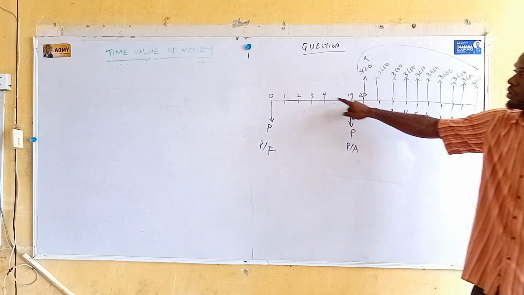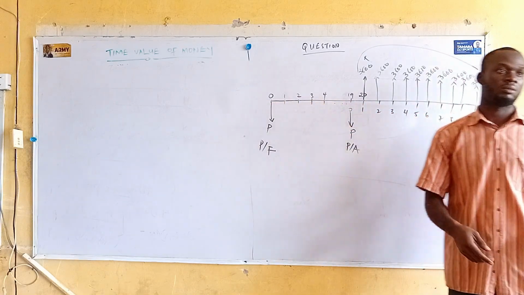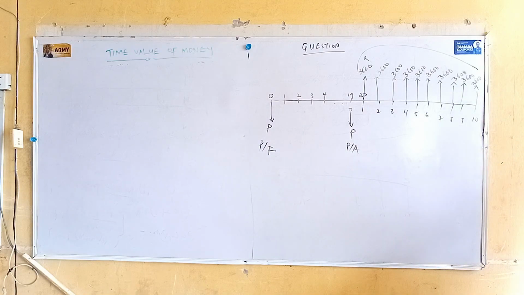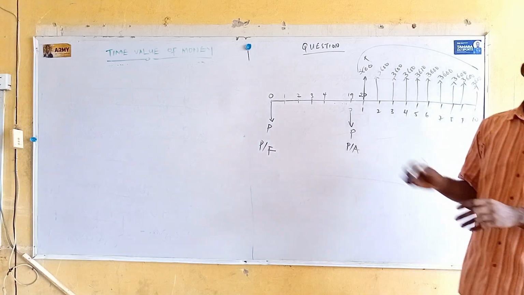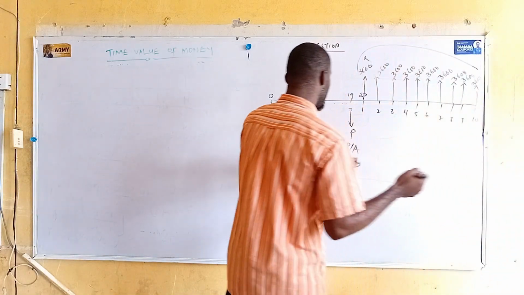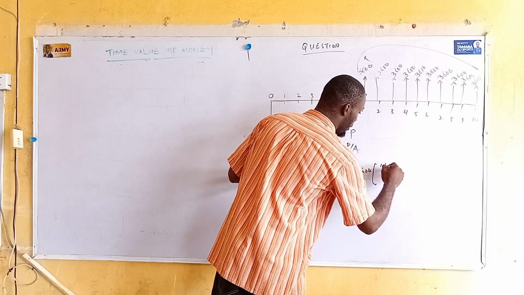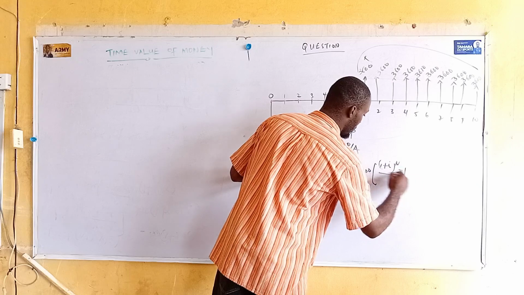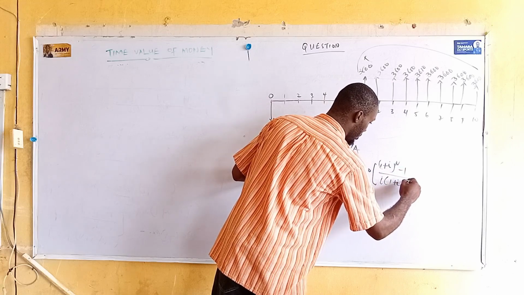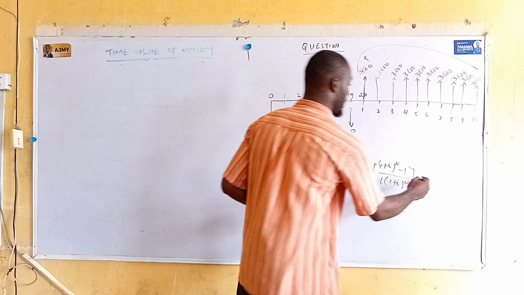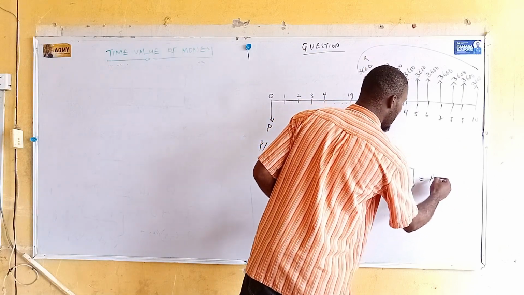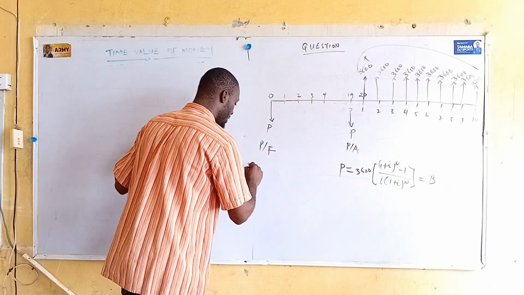Anything you get, take it to what? So it's best you understand to present it properly first. So now P will become 3,600 times (1 plus i) to the n minus 1. So anything you get, let's say you got B, your P here will be what?